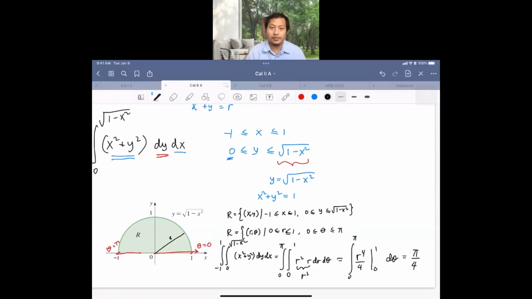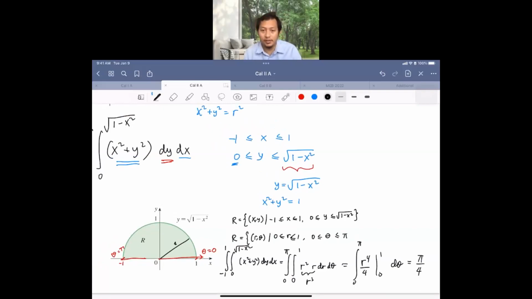So whenever you have a function in a double integration and you think you can convert it into polar and deal with the question more easily, then you can just convert to polar and evaluate.